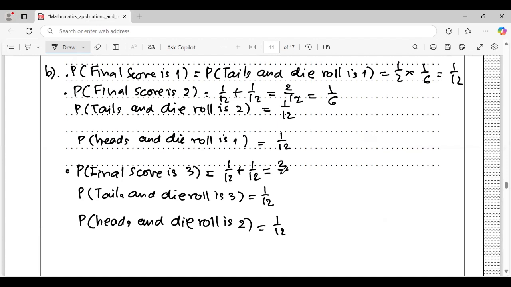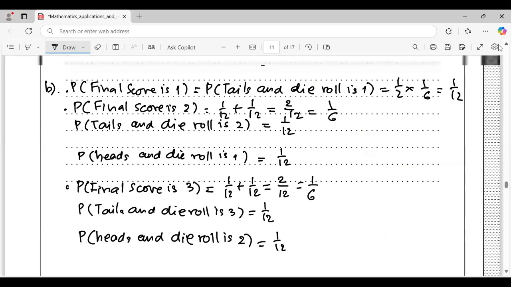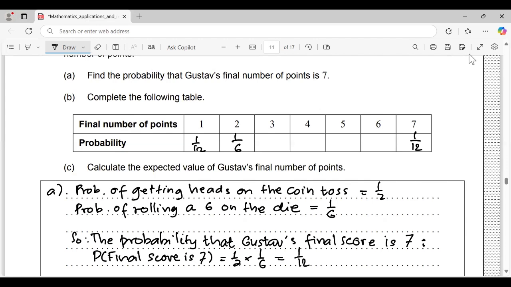It is 2 over 12, 1 over 6. 1 over 6 here. So how to calculate final probability of 4, 5, and 6? Same as 2 and 3. So 4 is 1 over 6, 5 is 1 over 6, and 6 is 1 over 6.